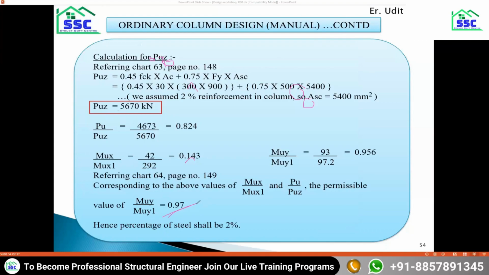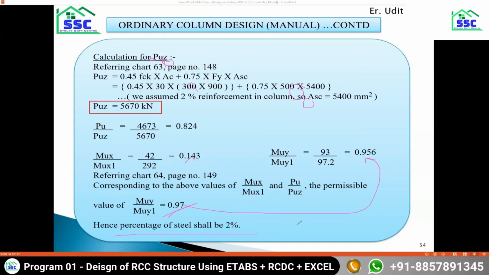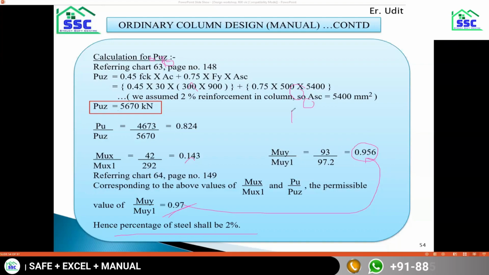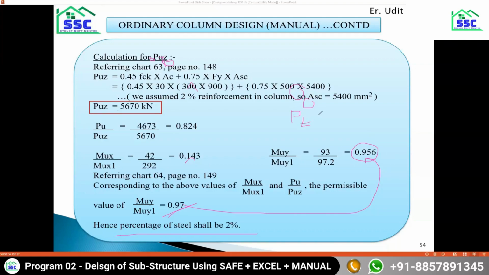And if this value is higher than what you get for your design forces, you can say that your assumed percentage of steel is correct. In case this value is lesser than 0.956, you have to once again perform this calculation using a higher value of Pt. And for whatever value of Pt you get this value higher than this, you can say that your percentage of steel is okay.